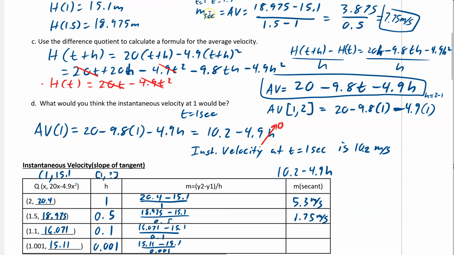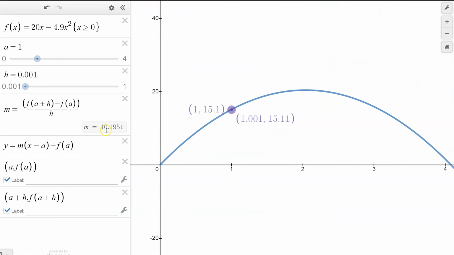You can just use the difference quotient. So this is 10.2 minus 4.9 times 1. This is 10.2 minus 4.9 times 0.5. They are the same. This is 10.2 minus 4.9 times 0.1. And this is 10.2 minus 4.9 times 0.001. And either way, when you plug them in your calculator, you get this value.